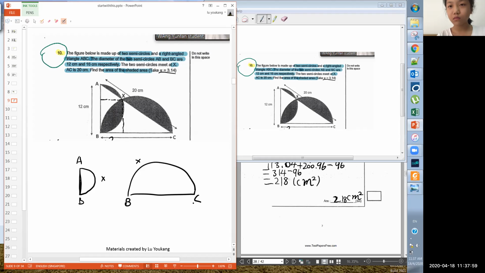And a right angle triangle ABC. This is your right angle triangle. Oh, by the way, with this understanding, you can immediately find out this piece. If I call this my region 1, I call this my region 2. So you can find the region 1 and 2, right?